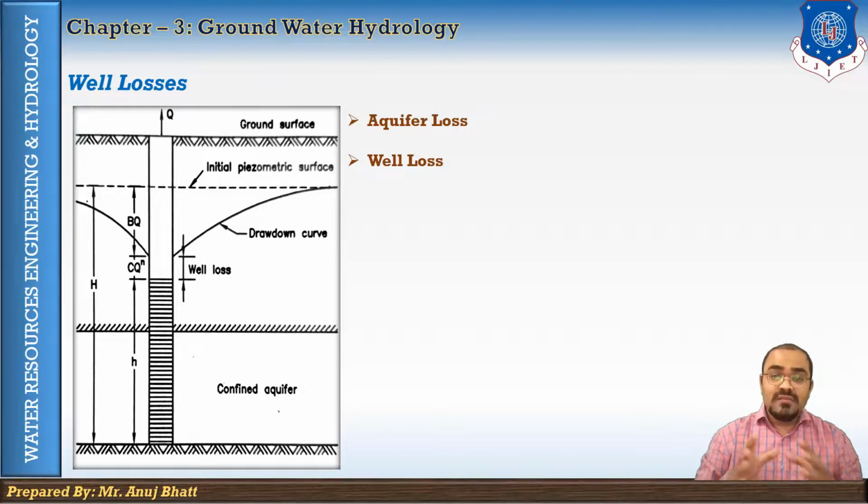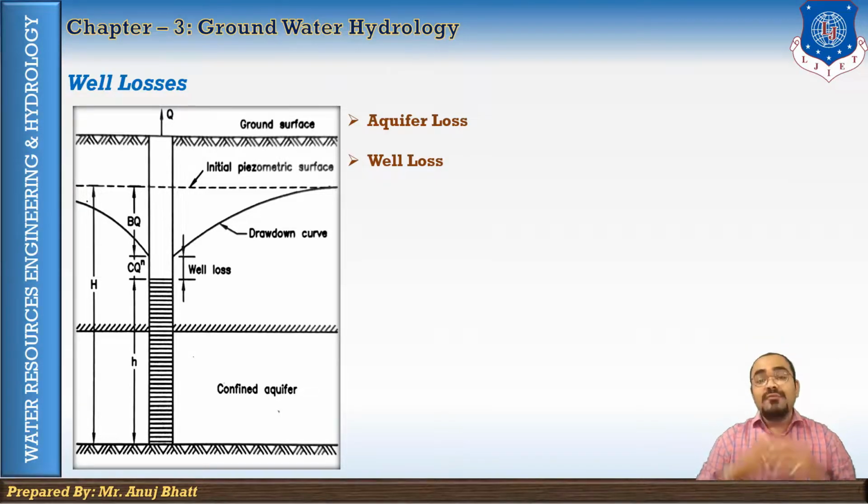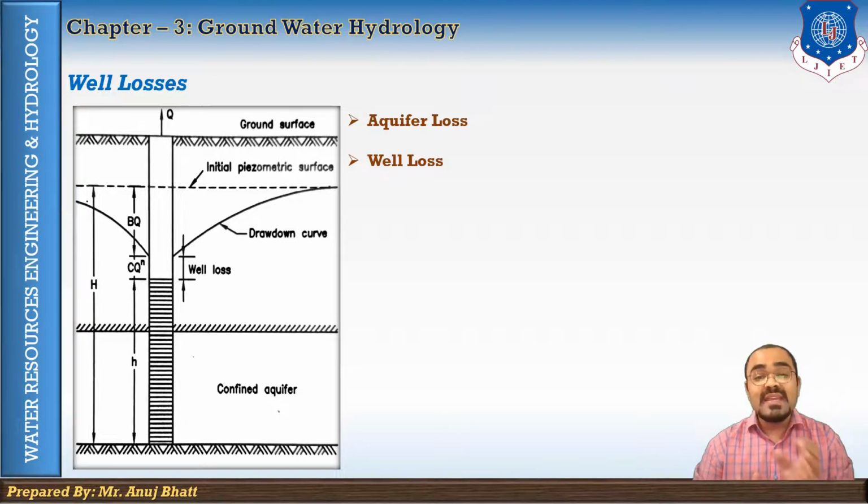Now this well loss may be taken to be proportional to the n-th power of discharge, where n is a constant greater than 1, so that it will not be laminar flow. The well loss and the consequent drawdown is therefore equal to CQ raised to n.